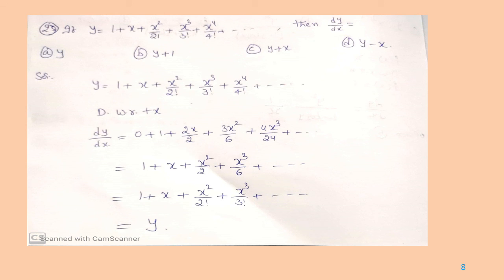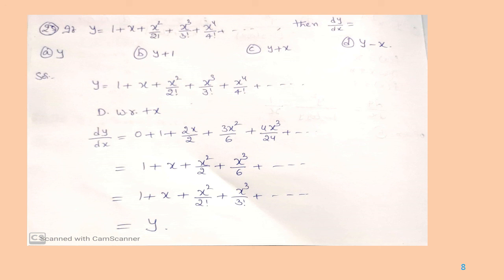So next one: if y equals 1 plus x square by 2 factorial plus x cube by 3 factorial plus x power 4 by 4 factorial plus etc., then dy by dx equals, now we take the value of y.